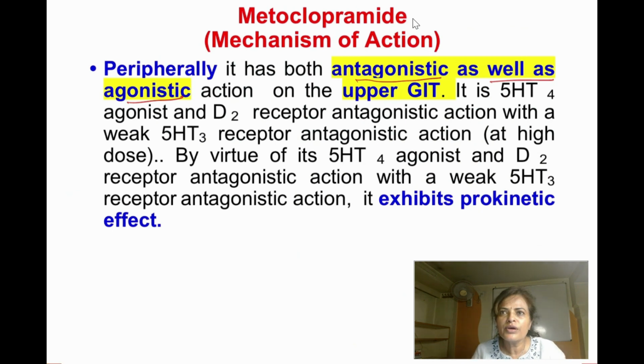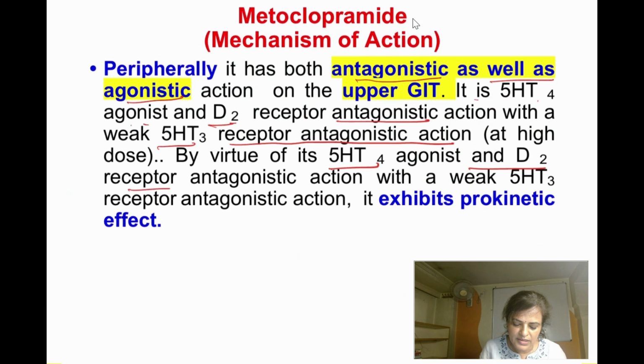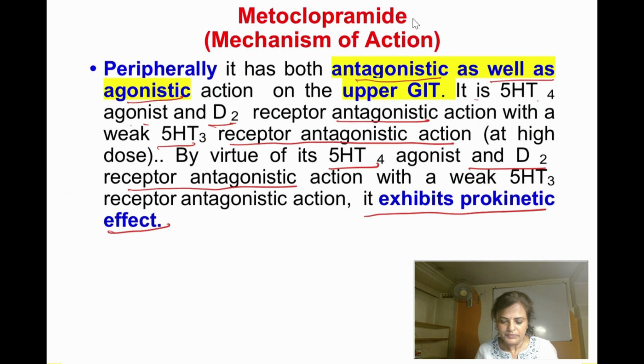The antagonistic action is mainly on the D2 receptor, with a very weak antagonistic action on the 5-HT3 receptor, that too at very high dose, whereas the agonistic action is on the 5-HT4 receptor. So by virtue of its 5-HT4 agonistic and D2 receptor antagonistic action, it exhibits the prokinetic effect.